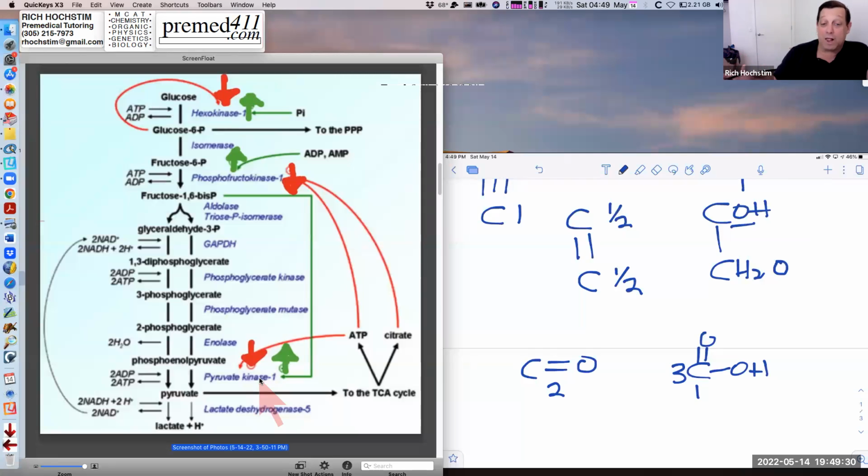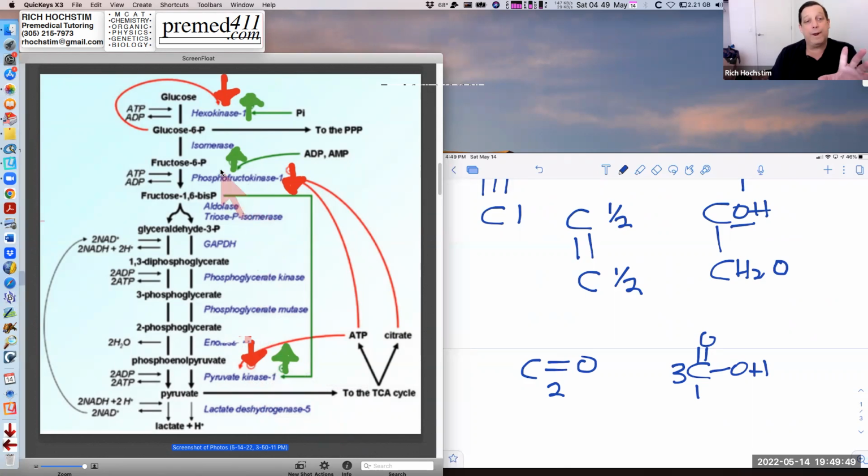So all this is pretty logical. And over here, if you've got a lot of ATP, you're going to downregulate because you don't need to make more stuff. So that's the basic idea here, along with one more thing that wasn't mentioned, but it is part of it.